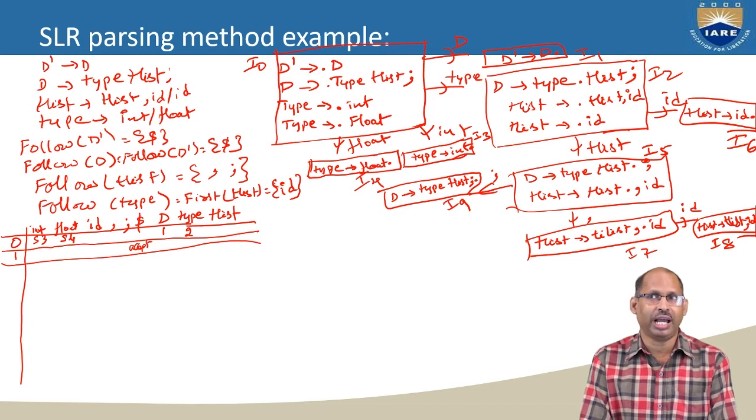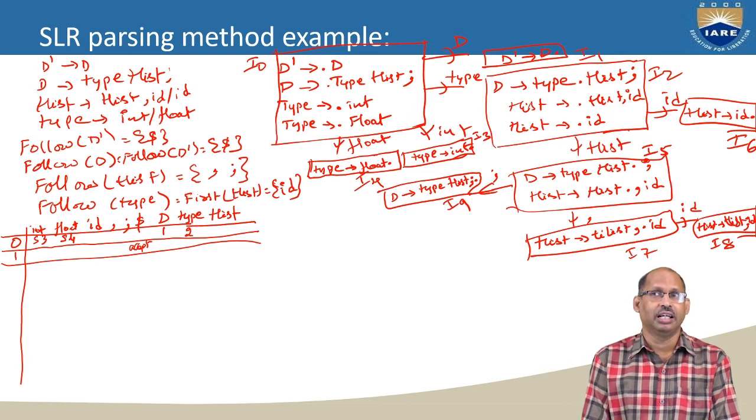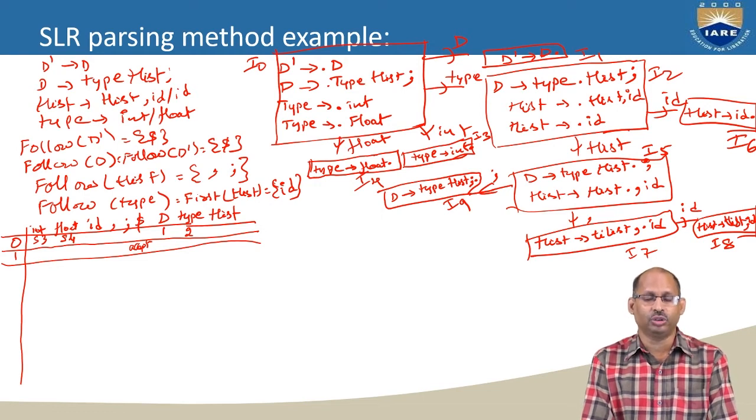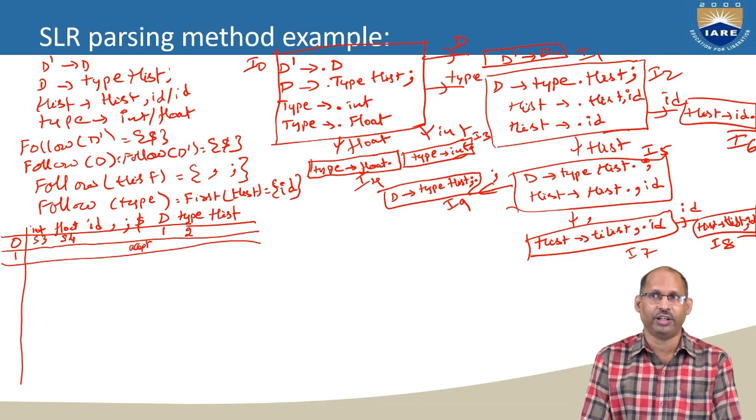I1 is over. I2 has two go-to operations. What are the go-to operations? On terminal ID, and on non-terminal T list. I2 on ID goes to I6, on T list it goes to I5.